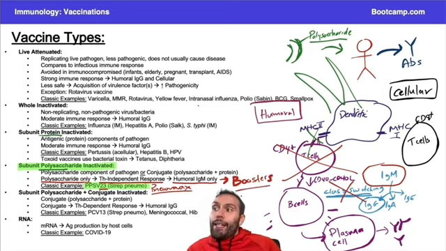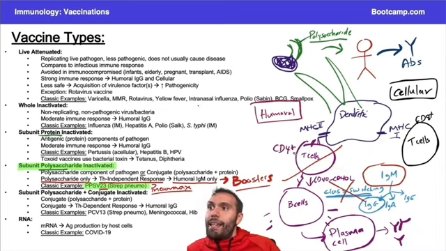There is a way kind of around this for certain vaccines where what we can do is we can take this polysaccharide and we can say, look, I can maybe attach this polysaccharide to something that might be able to get through this pathway. I might be able to attach this polysaccharide to a protein. Okay, because if I can attach this polysaccharide to a protein, then I can get this whole thing potentially presented to an MHC2 receptor.